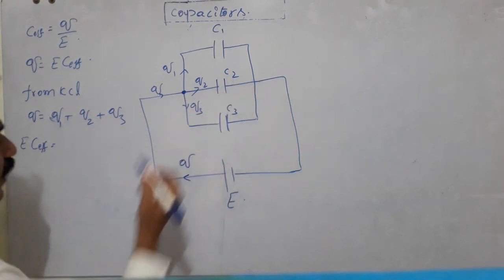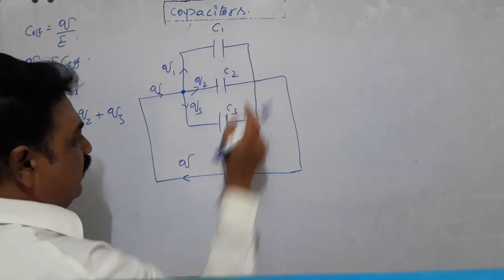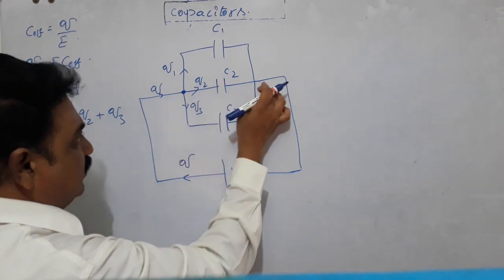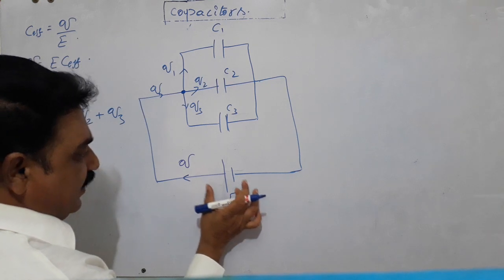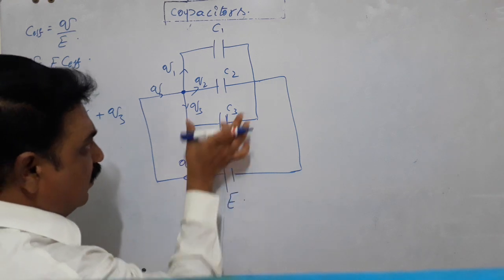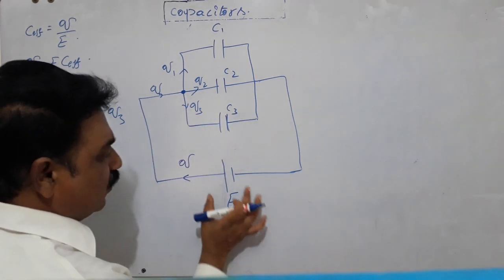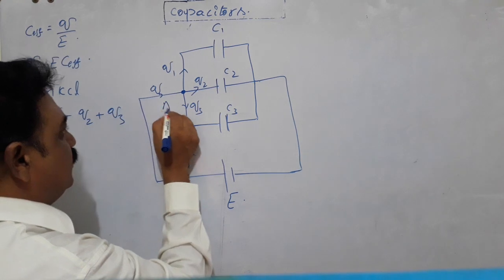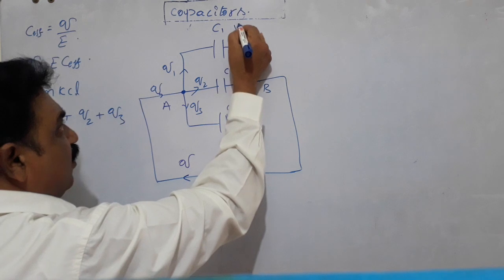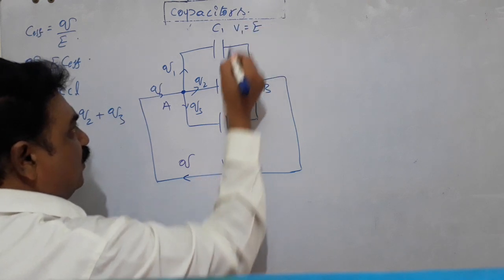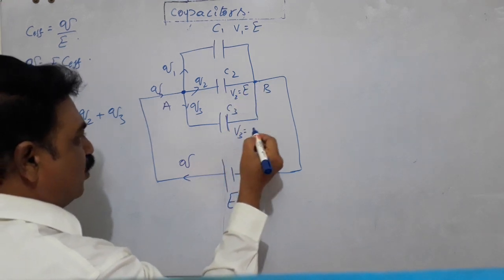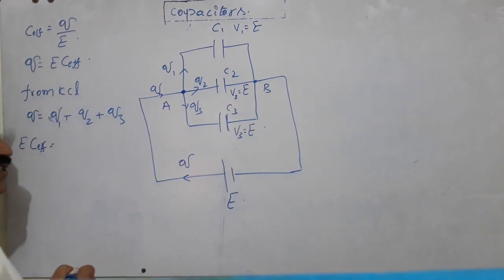In parallel combination, the first capacitor's terminals are connected between the ends of the battery. The second capacitor's terminals are also connected to the terminals of this battery. And the third capacitor's terminals are also connected between the same terminals, and therefore here V1, the potential drop, is equal to E. Here V2 is equal to E, and here V3 is the potential drop across this capacitor.